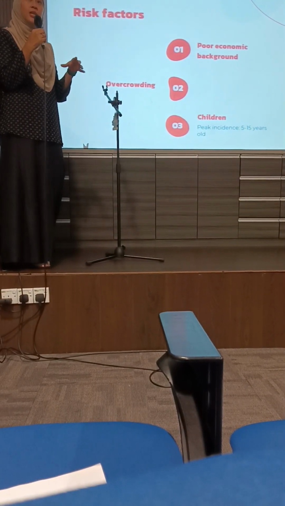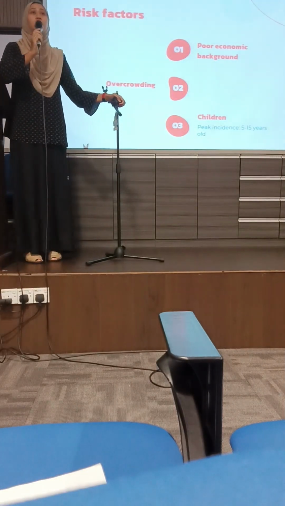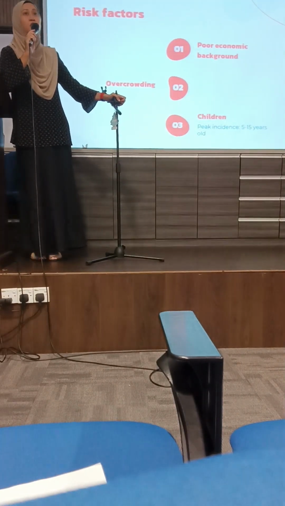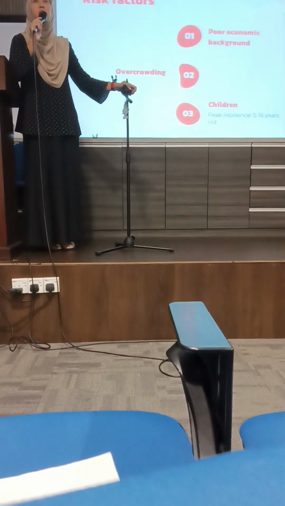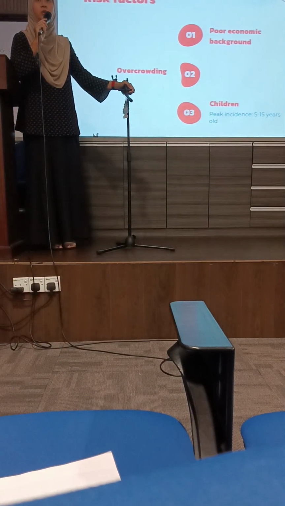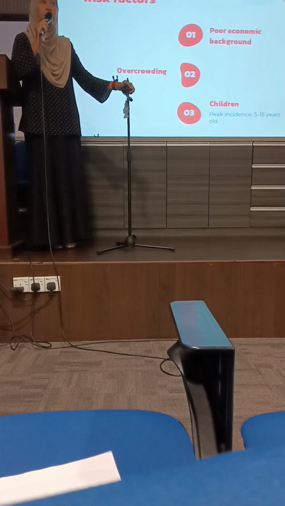It mainly occurs in children. Acute rheumatic fever usually occurs in childhood, but it can occur in adulthood, about 20% of all the cases. So not very common in adults, more common in children.